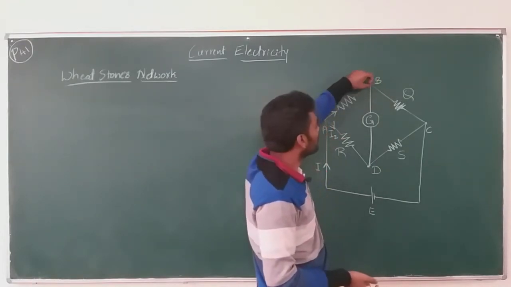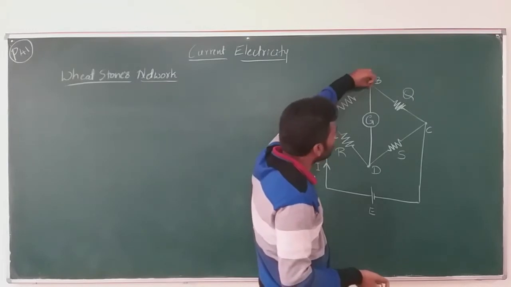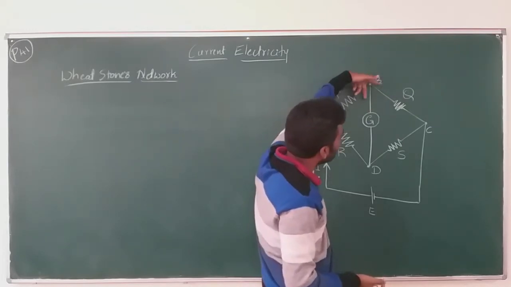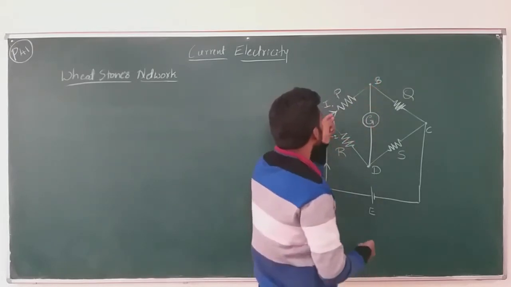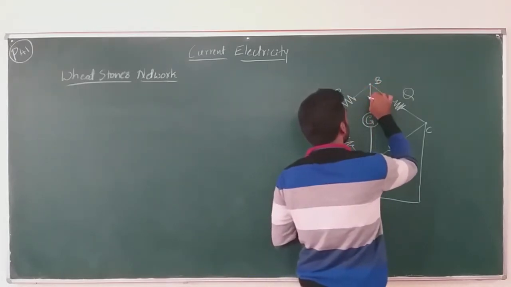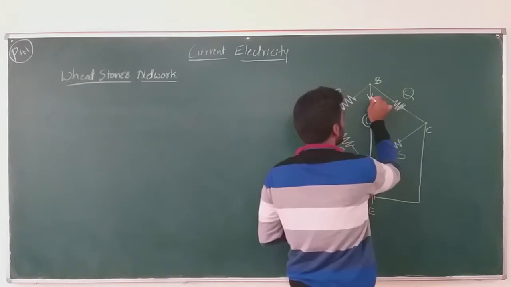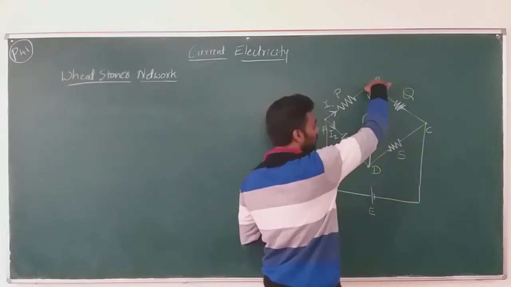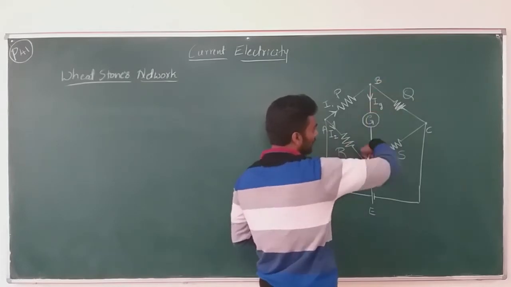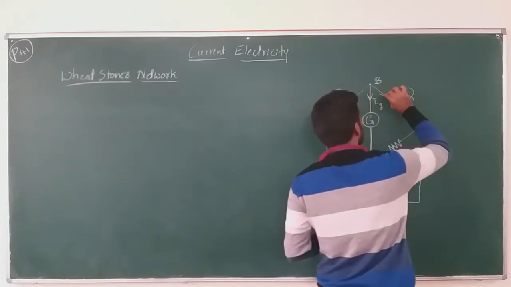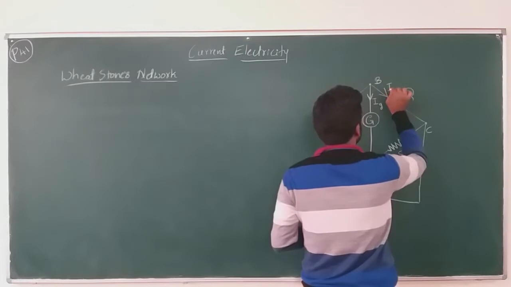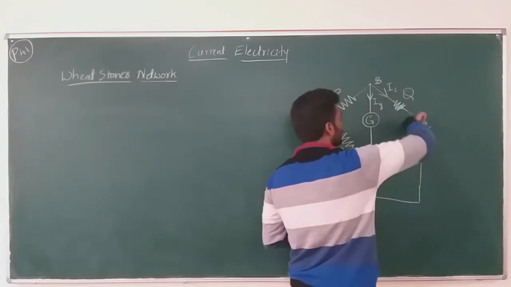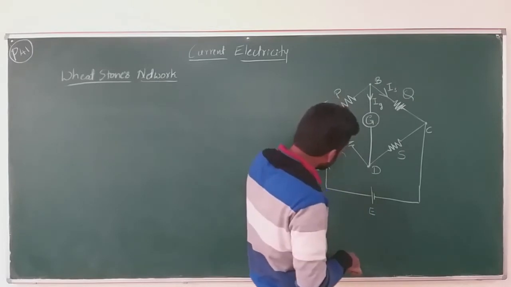Right, wherever you get a split of the conductors, there you can expect a split of current. So this I1 comes here and splits into, let me call Ig, the current flowing through the galvanometer in this direction, and let the current I3 flow through Q.